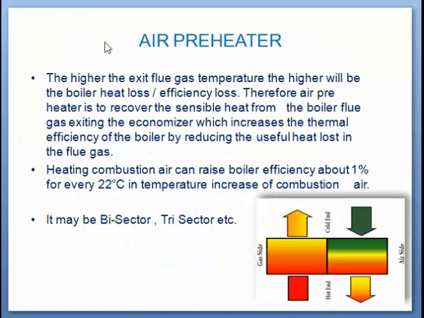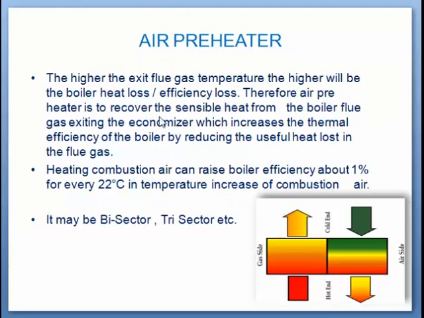So after the preamble, where we saw in brief about the air preheater, why it is required, and the benefit of preheating the air, now we will start the fundamentals of the air preheater. As discussed earlier, the higher the exit flue gas temperature, the higher will be the boiler heat loss, the efficiency loss.